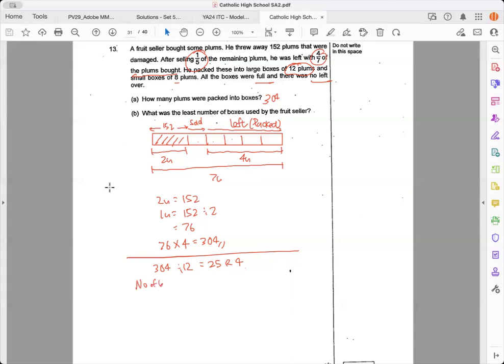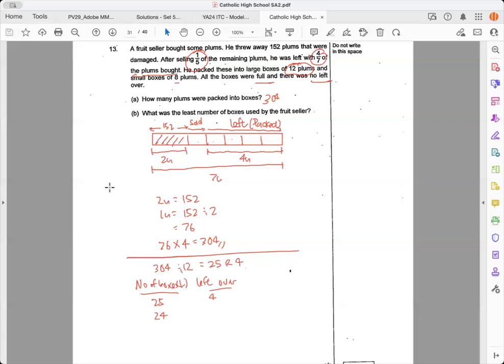Number of boxes and leftover. So if we pack them into 25 boxes, there'll be 4 leftover, correct? Let's reduce 1 box. We pack that in 24 large boxes, number of large boxes.